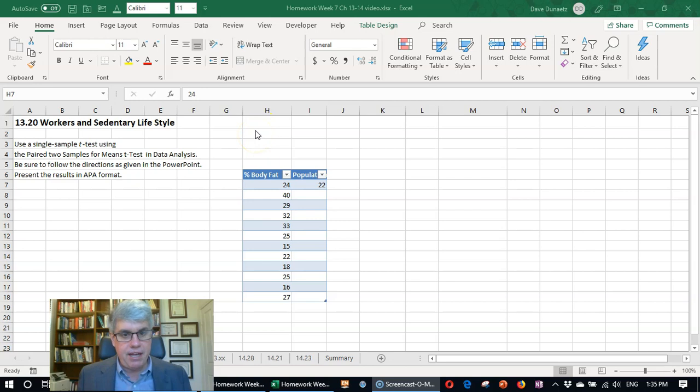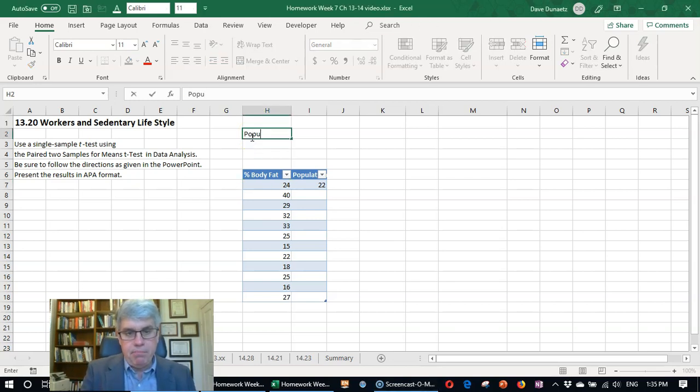Okay, let's put down first of all that the population mean, that's percent body fat, equals 22%. We've got the sample is n equals 12.